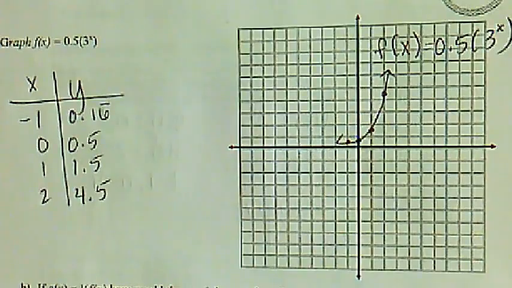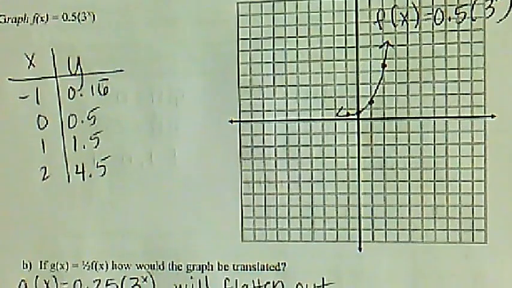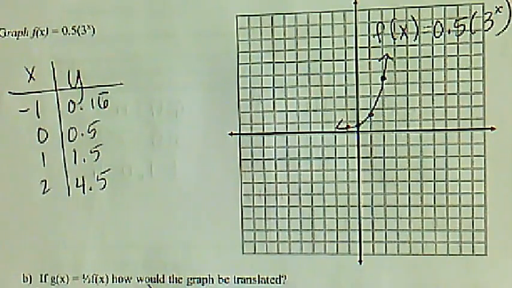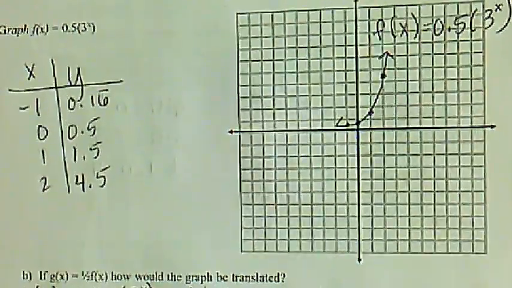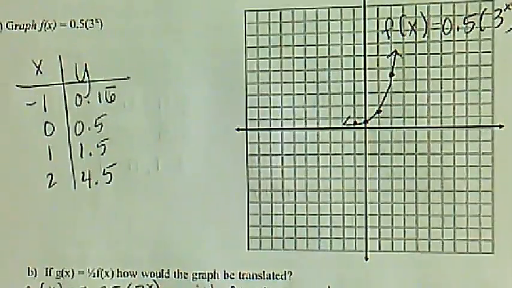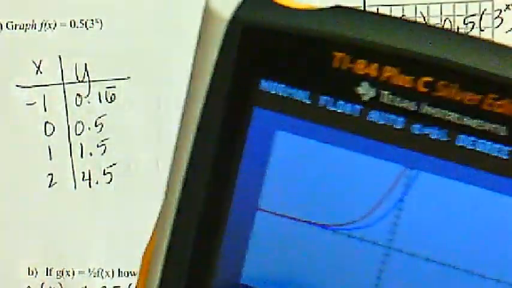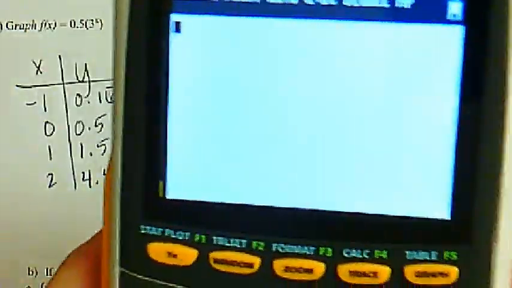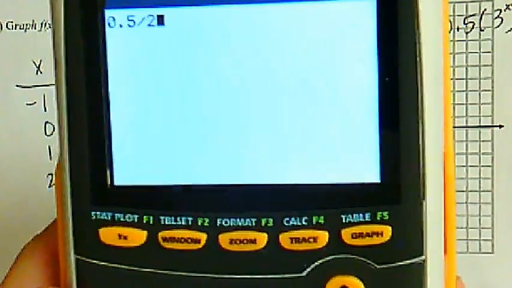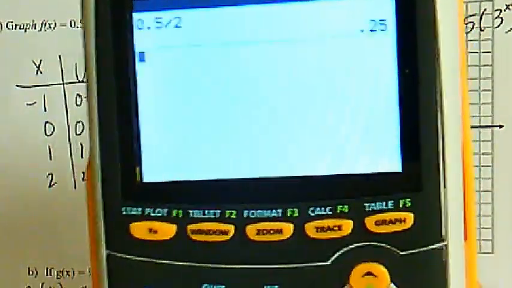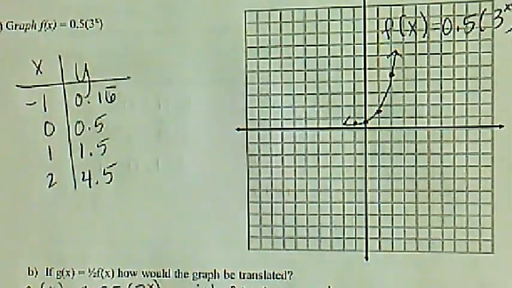Alright, so what they want us to do now is take half of this new graph, okay? So if I take half of the coefficient, half of 0.5 is just 0.25, okay?